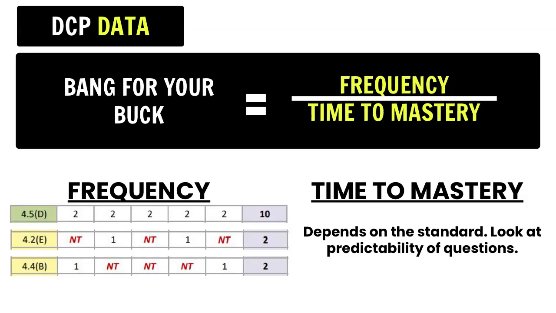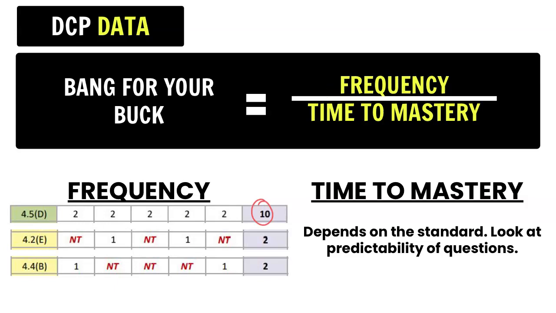And so frequency is pretty easy. We can just look at the frequency distribution document and easily tell how often standards are tested on STAR. So if you look at these three fourth grade standards, 4-5D has been tested 10 times in the last 5 years. That would be a really high frequency when it comes to being tested on STAR.